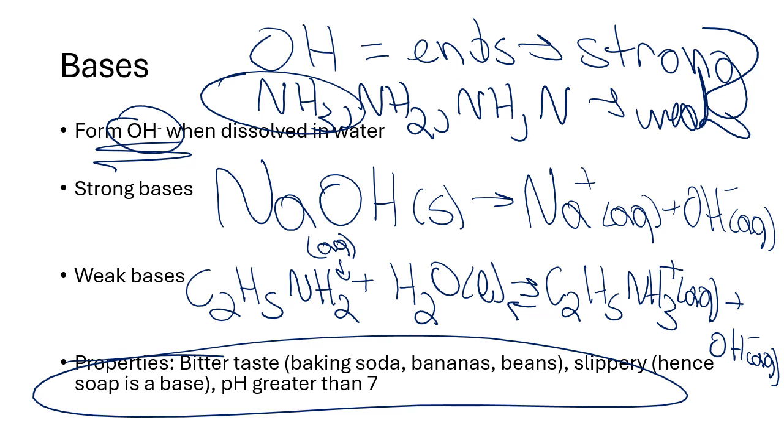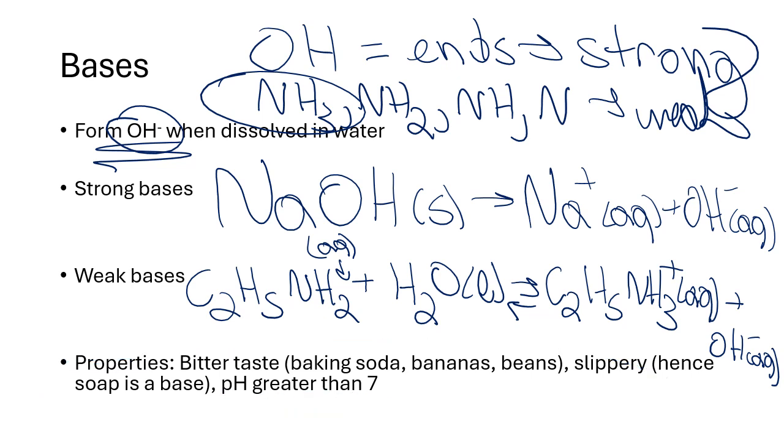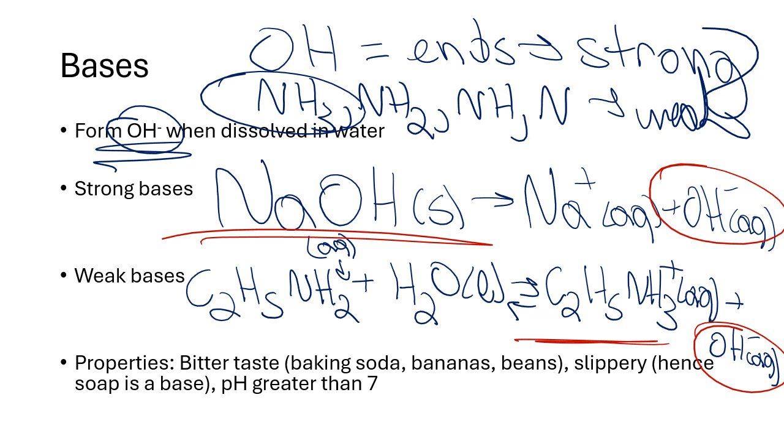So look at the trend. Keep in mind that on the right side, a base always forms OH minus. A strong base can't react with water. A weak base has to react with water.